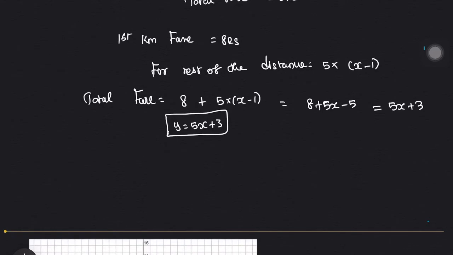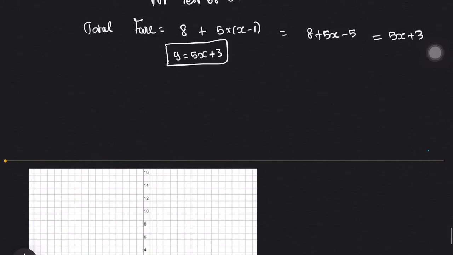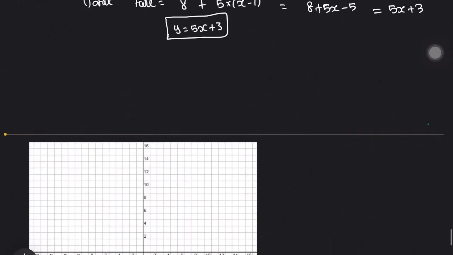Then we need to draw a graph based on the given linear equation. For a graph, a minimum of 2 points is needed. So just substitute x is equal to 0: y equals 5 times 0 plus 3, so the value of y is equal to 3. So (0, 3) is a point.